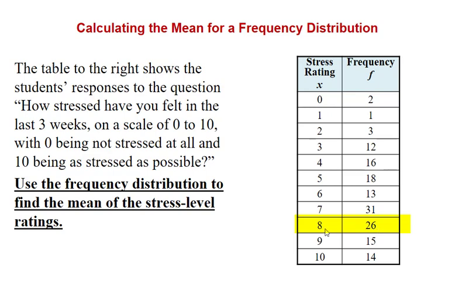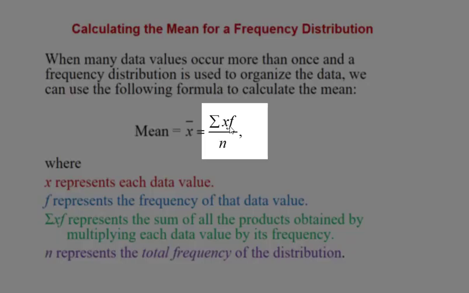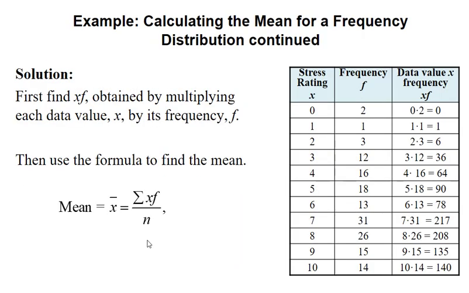This is called a frequency distribution, and this is how I find the mean or the average using it. I would have to take each item and multiply it by how many students said they were stressed at a 3 level or an 8 level. So let's continue.